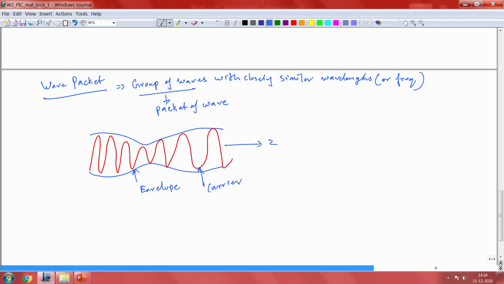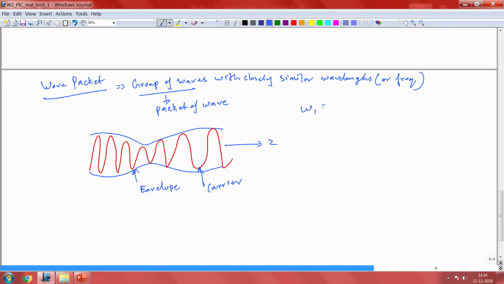All right. Now let us look at how one could represent the propagation of this. Let us say there are two closely spaced frequencies. Here you have the carrier and you have the envelope.